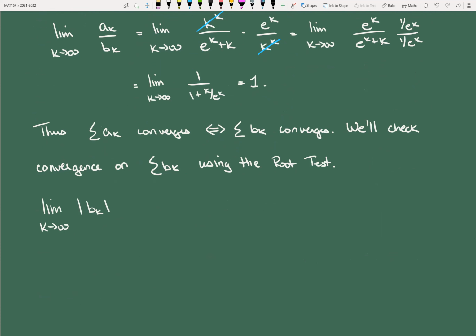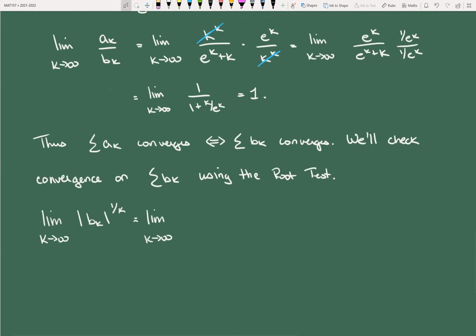Let me rewrite that, so 1 over k, like that. We plug everything in, and again we just drop that absolute value because we know everything is positive. So what do we get here? What was b_k again? k to the k.